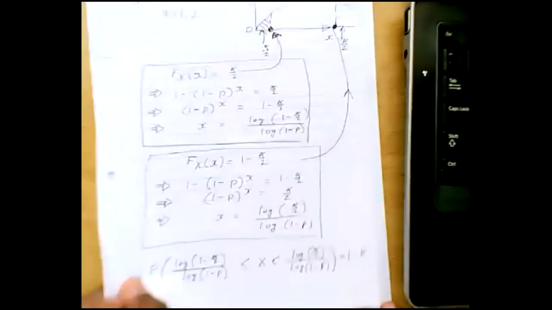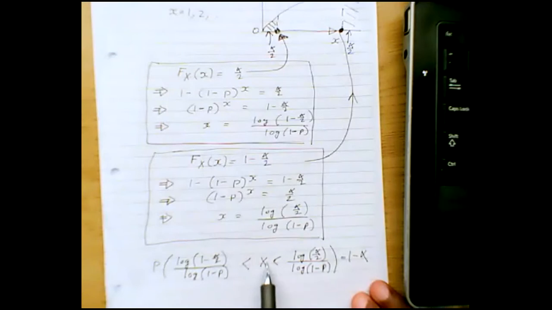And that's what I have said, guys, here. The probability that x is between these two is 1 minus alpha, right?